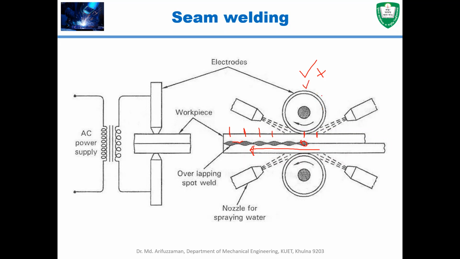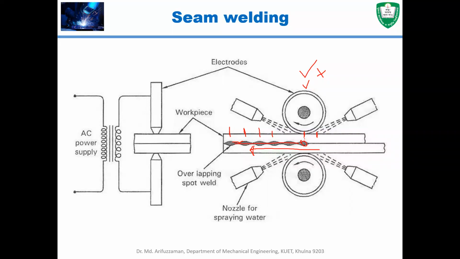That means you just have to turn the electricity on and off to get many overlapping spots. You can produce spot welding using this seam welding method, and at the same time you can produce a continuous seam. That means pressure vessels can also be created.